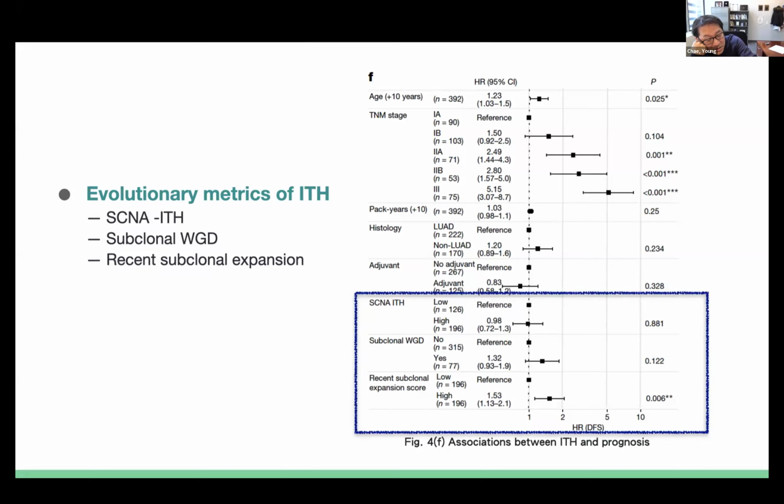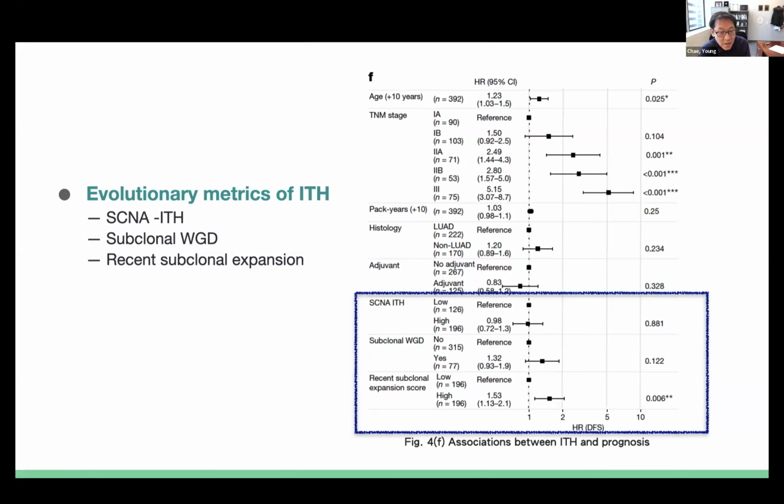But this is a little bit flawed in the sense that you do require adjuvant in a higher stage. So that's a bias there. And here, recent subclonal expansion is the only thing that was high-low. That's really interesting because the other ones are widely used as well.